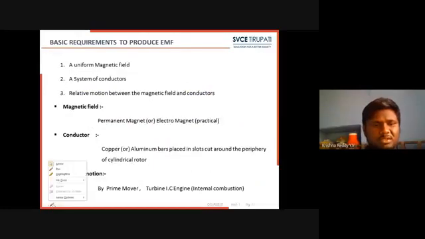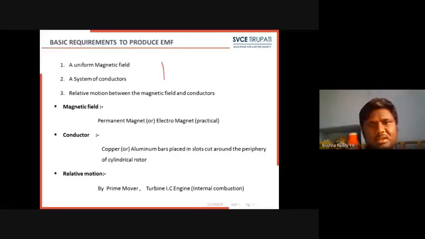According to Faraday's law of electromagnetic induction, in order to produce EMF, we require a magnetic field. When excitation is given to the field winding, it becomes an electromagnet.